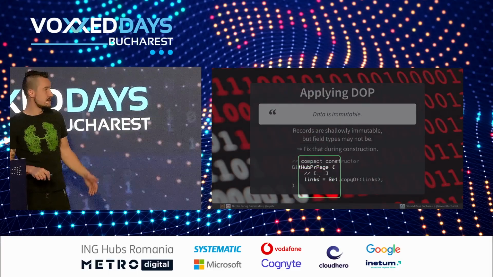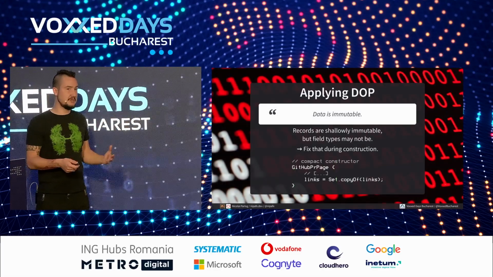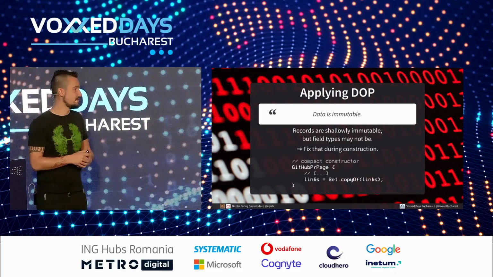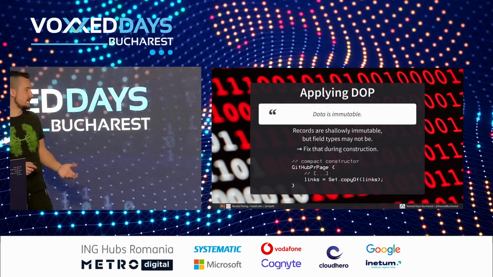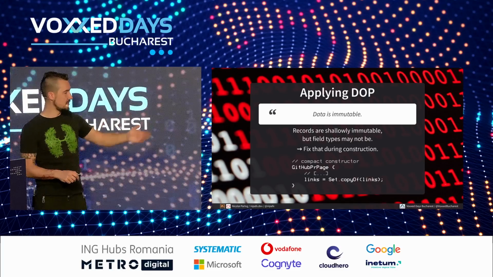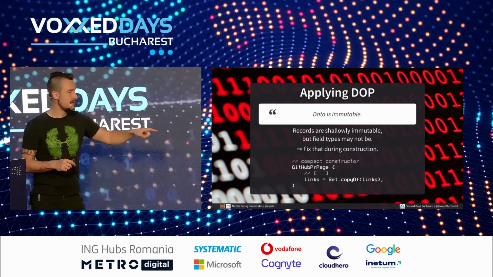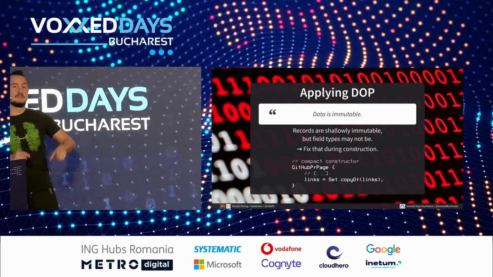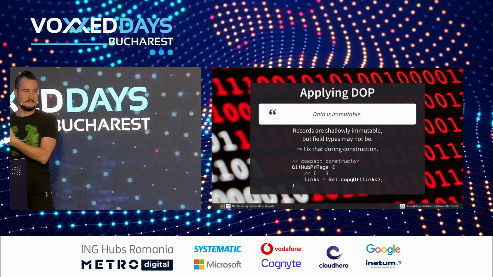And a set can be mutable. So if you want to insist on immutability, which is a good default if you deal with records, you probably want to create immutable copies, for example, of collections. That's straightforward. The methods were added in Java 9. So this one was added in Java 10, I think. Set.copyOf takes a set and gives you back a copy of that set that is immutable.